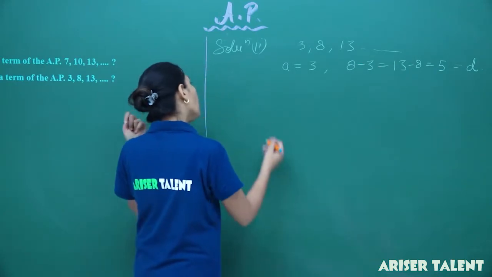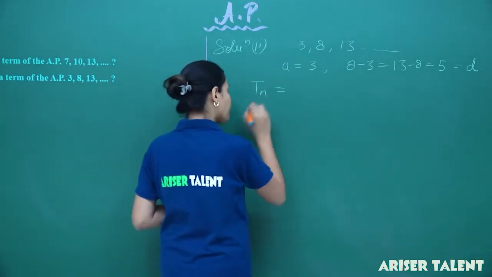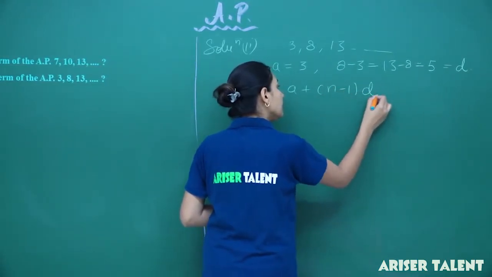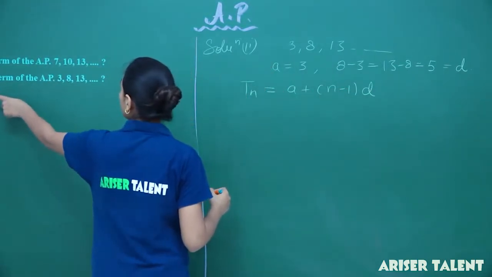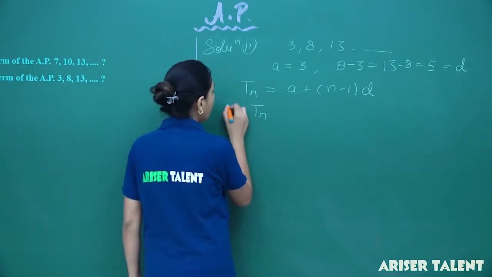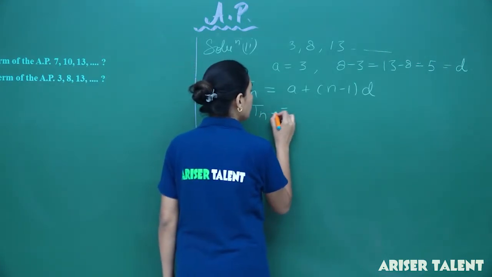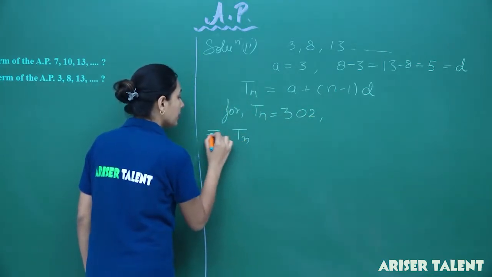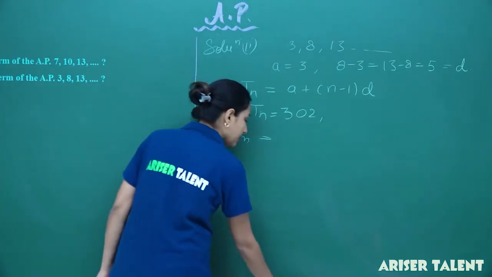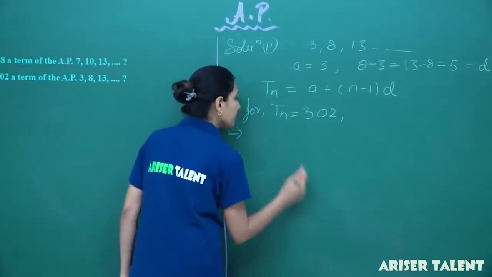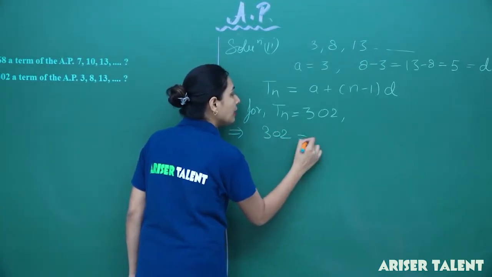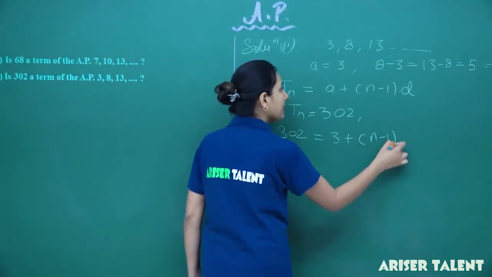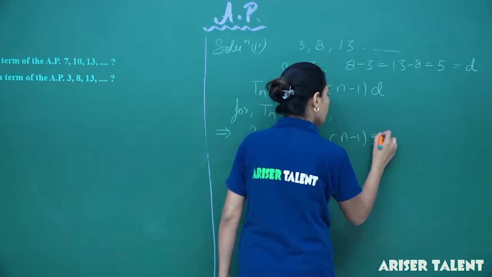Now I have the formula Tn equals a plus (n minus 1) d. Now the value of Tn is given as 302. Putting the values, 302 equals a which is 3, plus (n minus 1), and d which is 5.